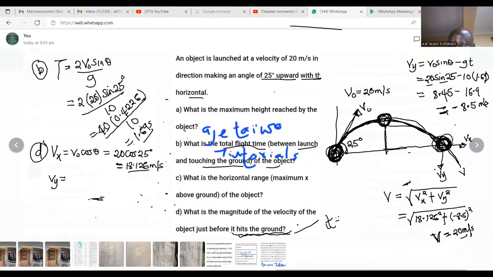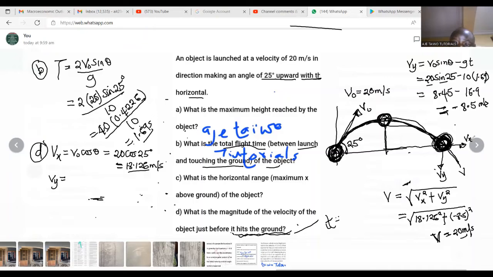So at this point your height is 0. They asked the magnitude of the velocity just before it hits the ground. The time we use will be a bit less than 1.69, because at 1.69 the body has hit the ground.